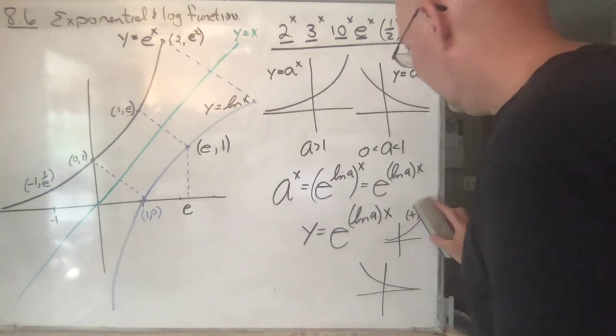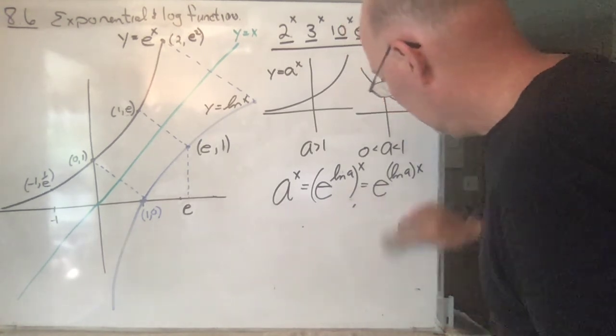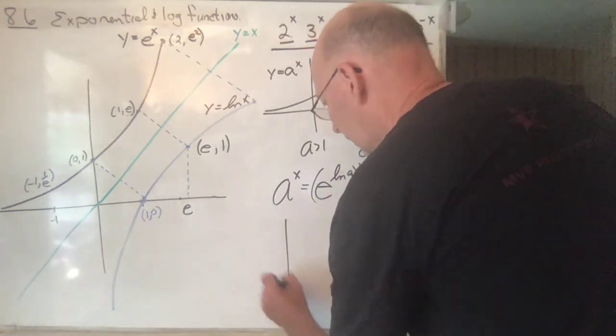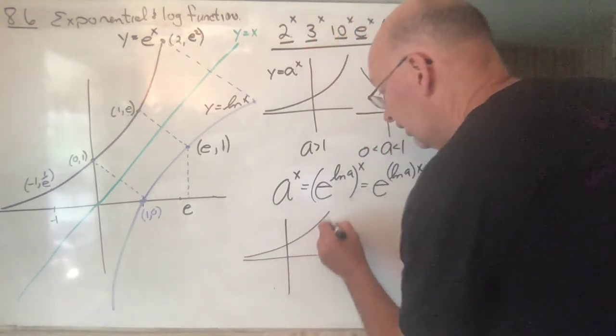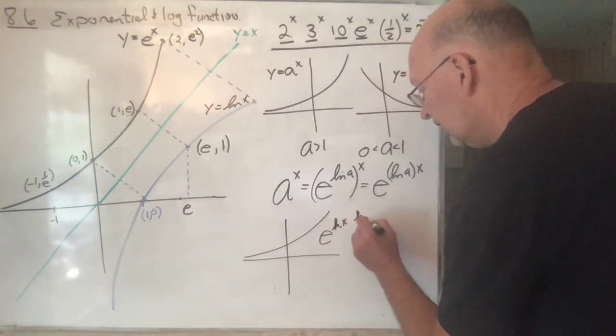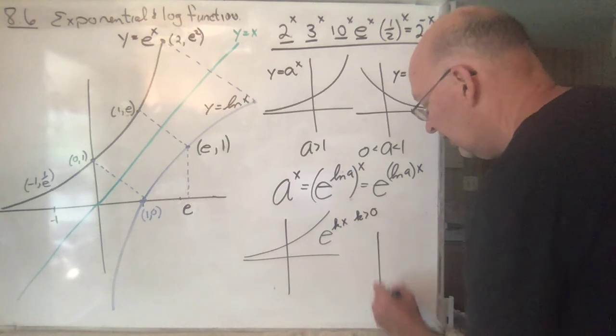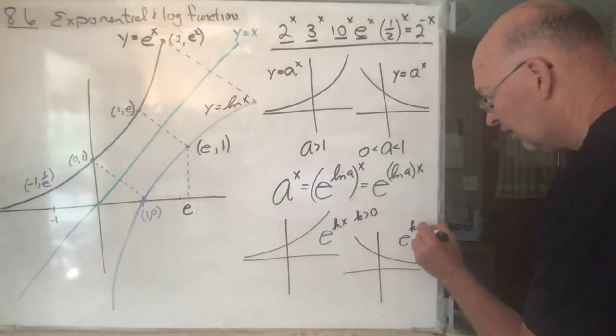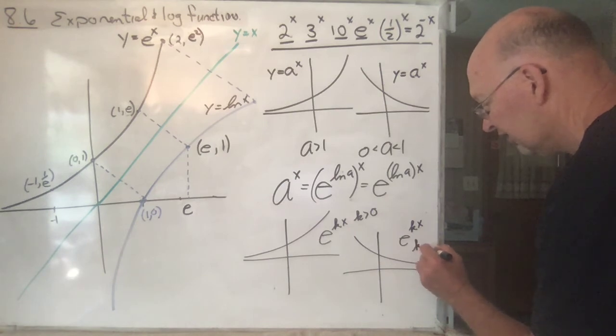So the key is that here is e to the kx where k is positive, and here is e to the kx where k is negative.